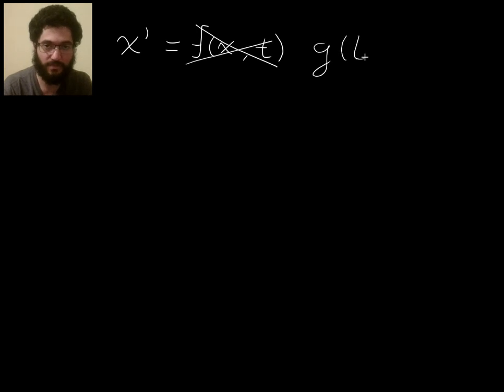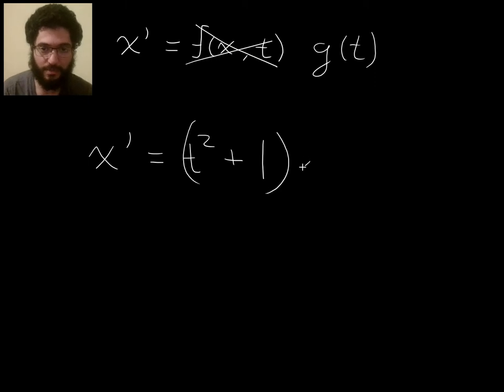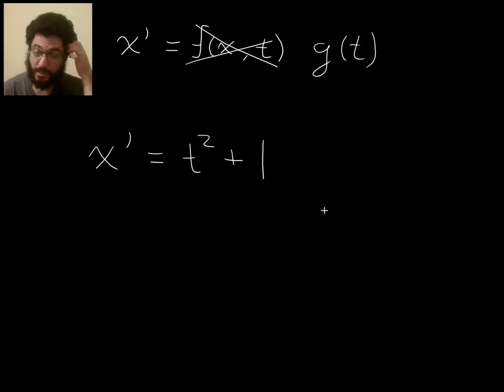What if it were just some function of t? For example, what if it's x prime equals t squared plus 1, something like that? No x's, so I'm not adding x, and I'm not multiplying or dividing the whole thing by x. No x's get involved. In this situation, we can solve by integrating.